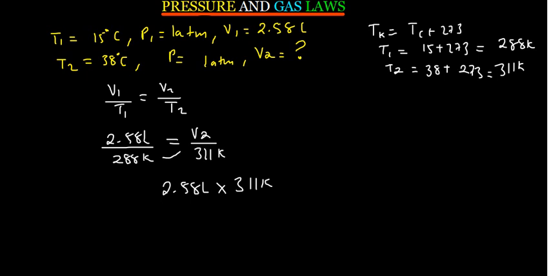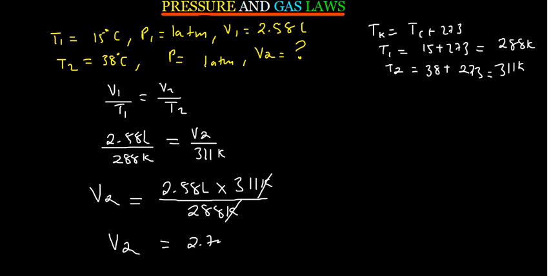I want V2, so I divide both sides by 288 Kelvin, and this gives us V2. The Kelvin and the Kelvin cancel out, so our answer remains in liters, and that gives us 2.79 liters.